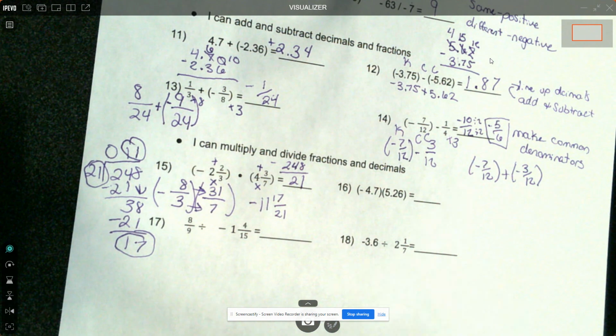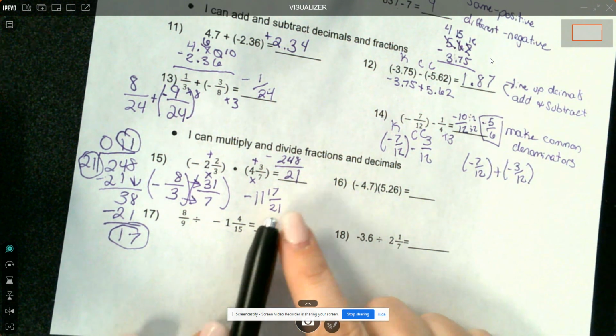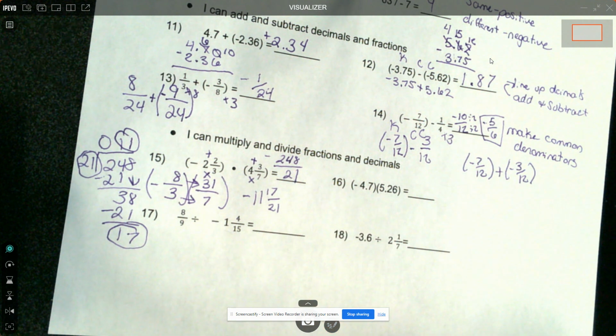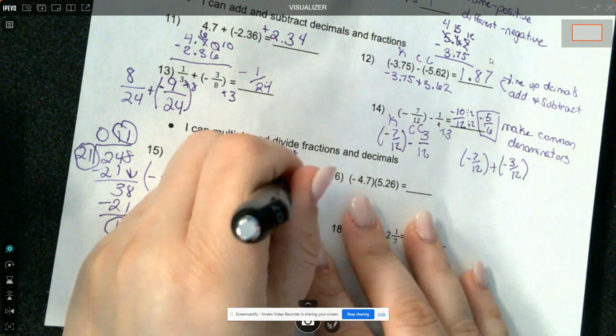Now, 17 and 21 is easier to deal with. Is there any number that will go into 17 and 21? No. 17, I think, is a prime number, and so nothing will go into it other than itself. And 17 doesn't go into 21 evenly. So that's my final answer.